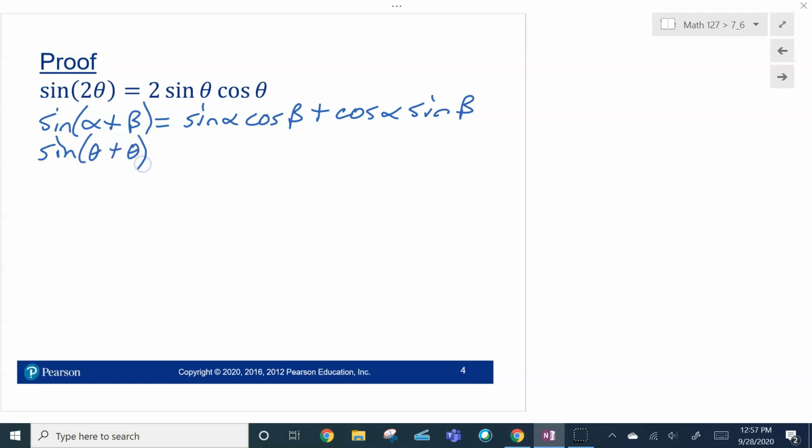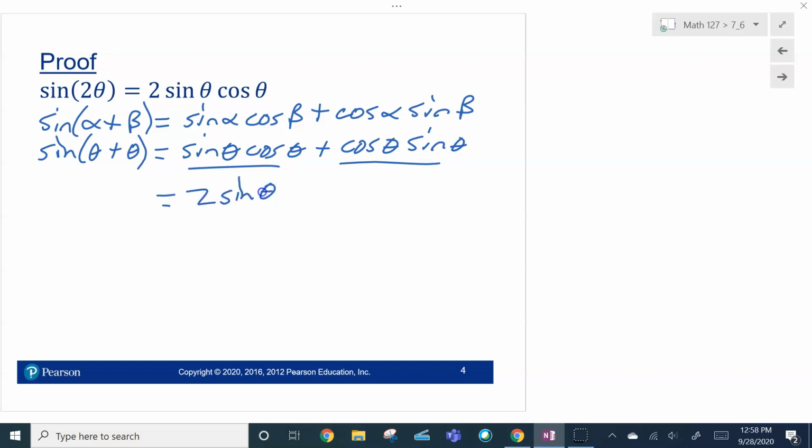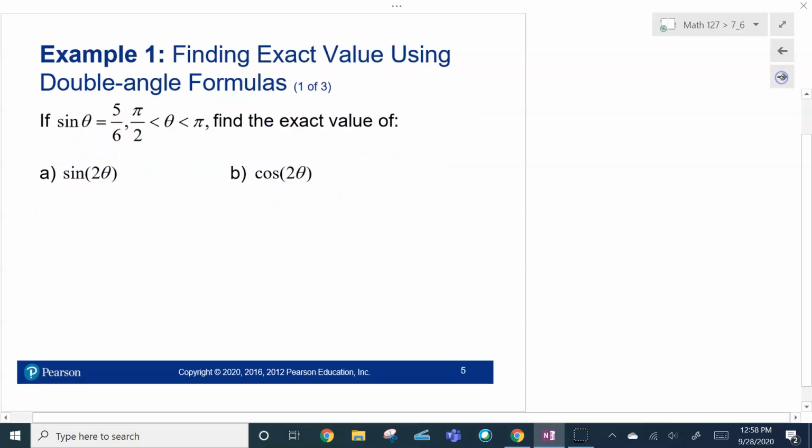So alpha's theta, beta's theta. This becomes, according to our sum formula, sine theta cosine theta plus cosine theta sine theta. Well, these are the same term. I have two of those sine theta cosine theta. So the sine of theta plus theta, so the sine of 2 theta, is 2 sine theta cosine theta.